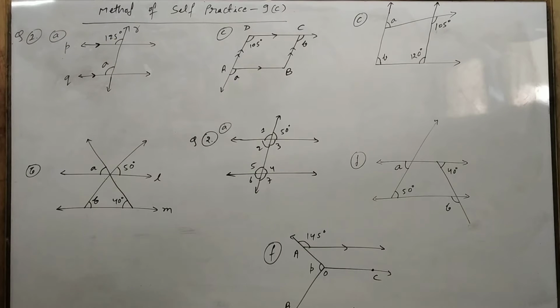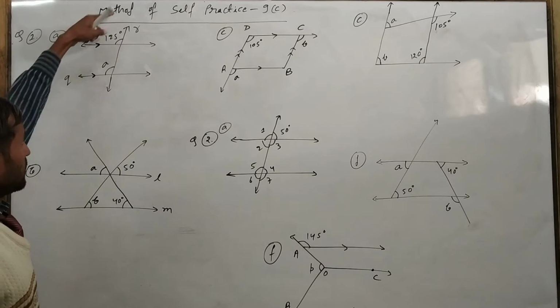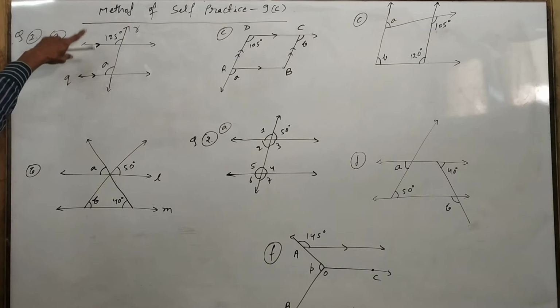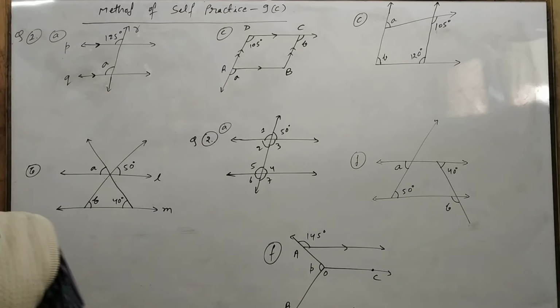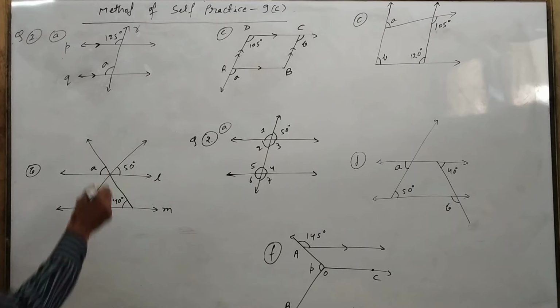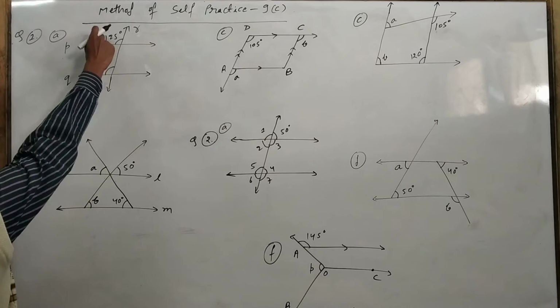Now we have to find the value of A, and TR is the transversal line. So we have to use the corresponding angle property. Already I have said if lines are parallel, then corresponding angles will be equal.